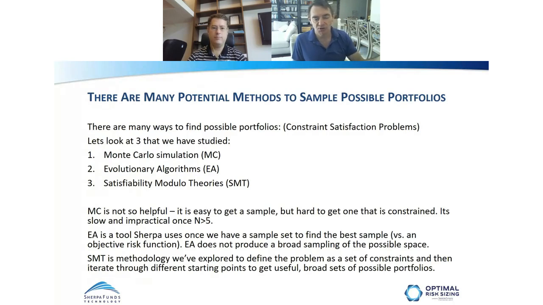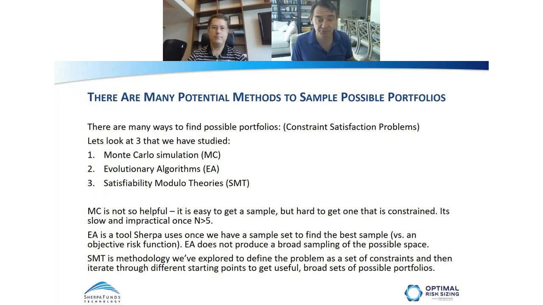You can use evolutionary algorithms, so starting conditions, and let the algorithm evolve into something which fits. Or you can do, and actually this is our latest line of research, which prompted this whole webinar, SMT, satisfiability modulo theories. There are many other ways, but we just want to brush over these because they're three different approaches to life, which have lots of offshoots which you can try in different manners.